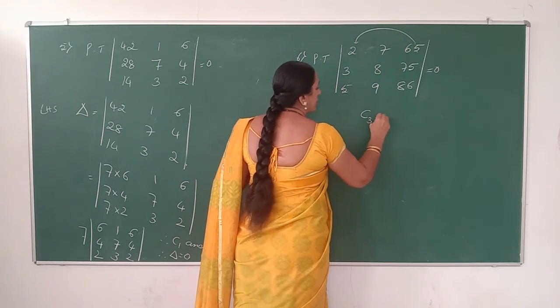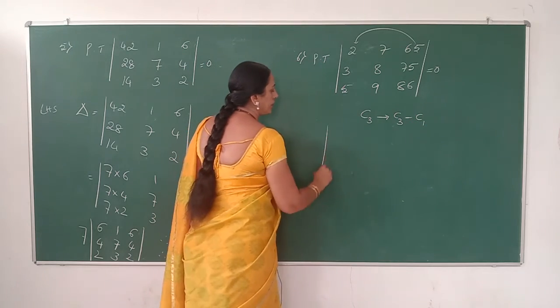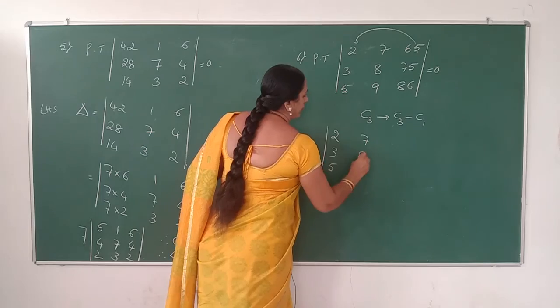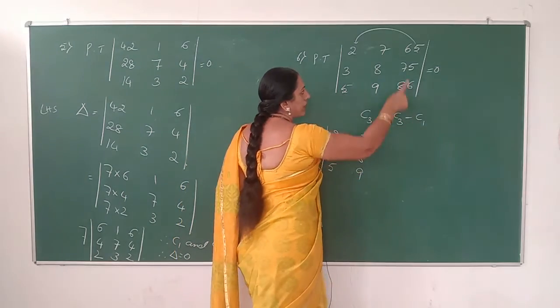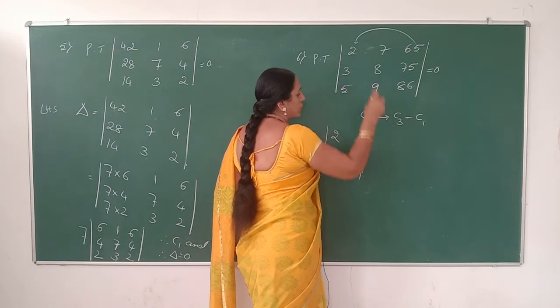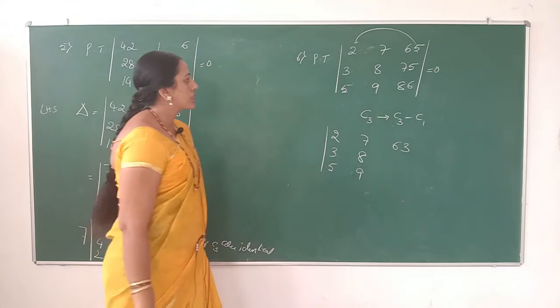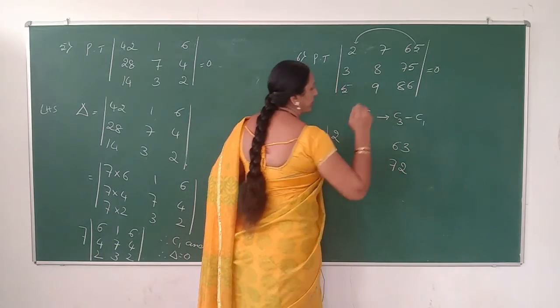Now C3 is changed to C3 minus C1. The first column is 2, 3, 5. The second column is 7, 8, 9. But the third column is C3 minus C1. 65 minus 2 is 63. The second element is 75 minus 3 is 72.